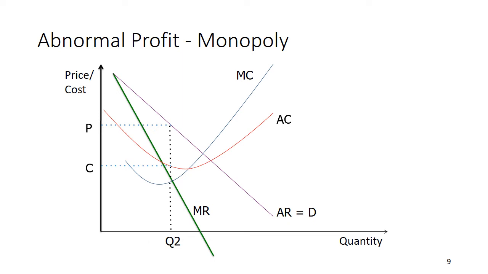So this additional area, the difference between the price and the cost, is the abnormal profit they earn. The total revenue will be this much. Through this revenue, they have to cover this much cost. But beyond that, what they earn is abnormal profit. Okay.